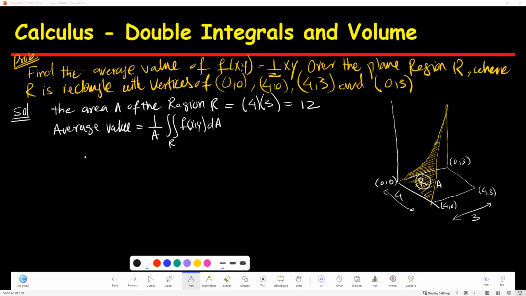I can also write this one like this: half xy dy dx. dy is going from 0 to 3 and dx is going from 0 to 4, right? So let's solve it.